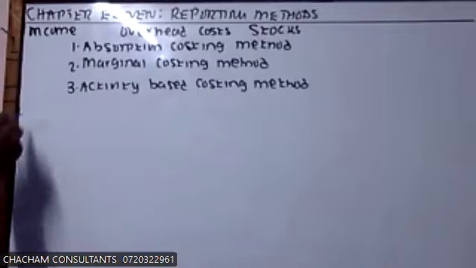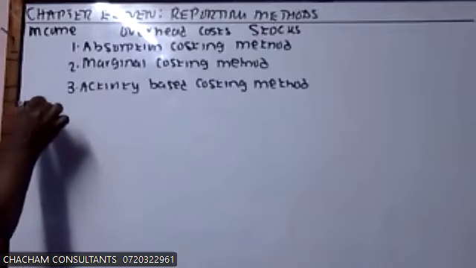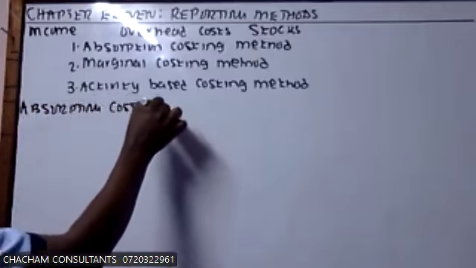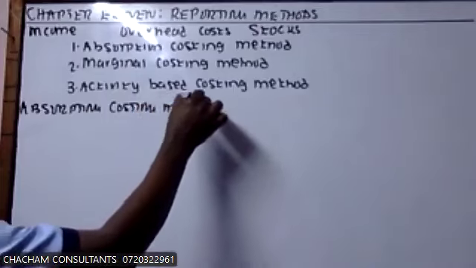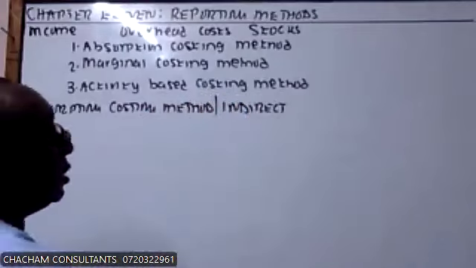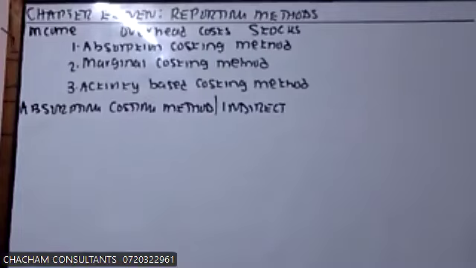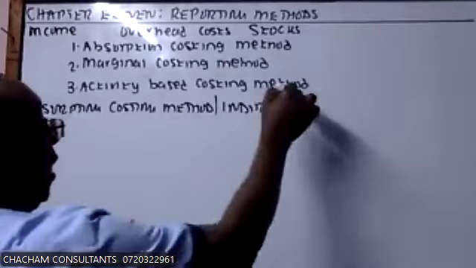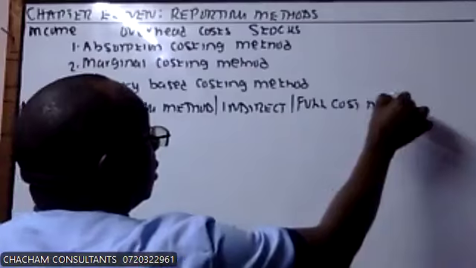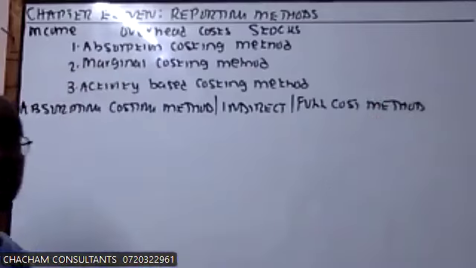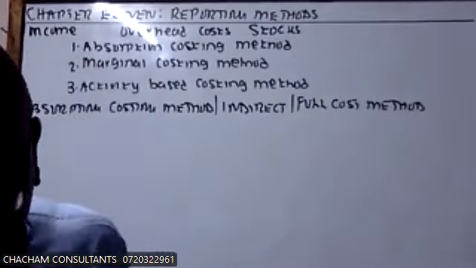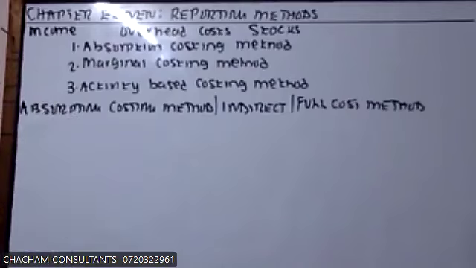Absorption costing method. Some people also call it indirect, others call it full cost method. You can call it absorption, you can call it total cost.